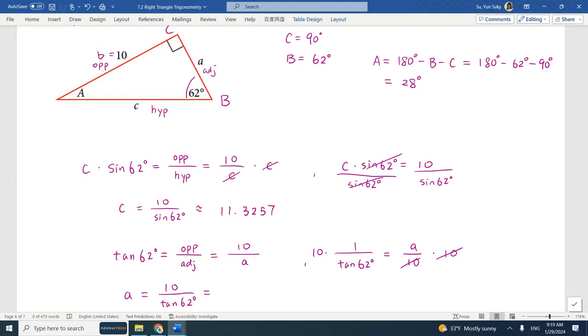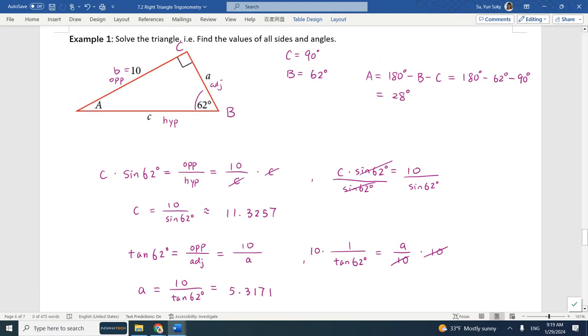Plug in your calculator, 10 over tangent 62 degrees. What do you get? Give me 4 decimal places. 5.3171. Thank you. So we find all the angles and we find all the sides.